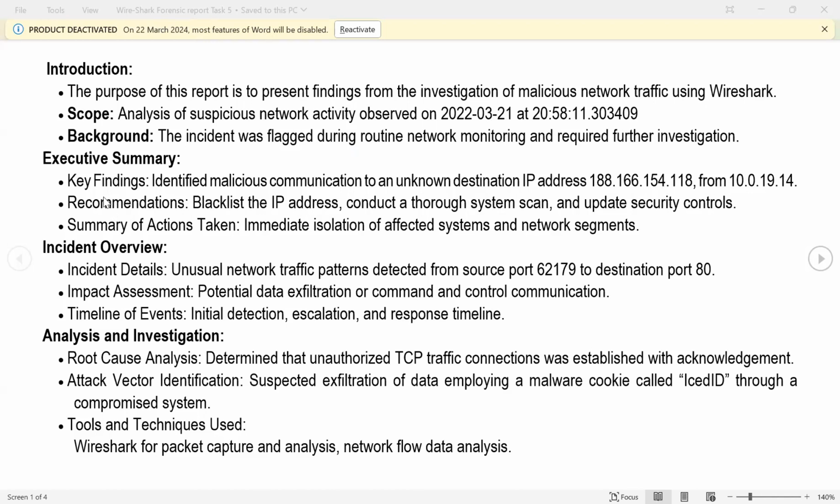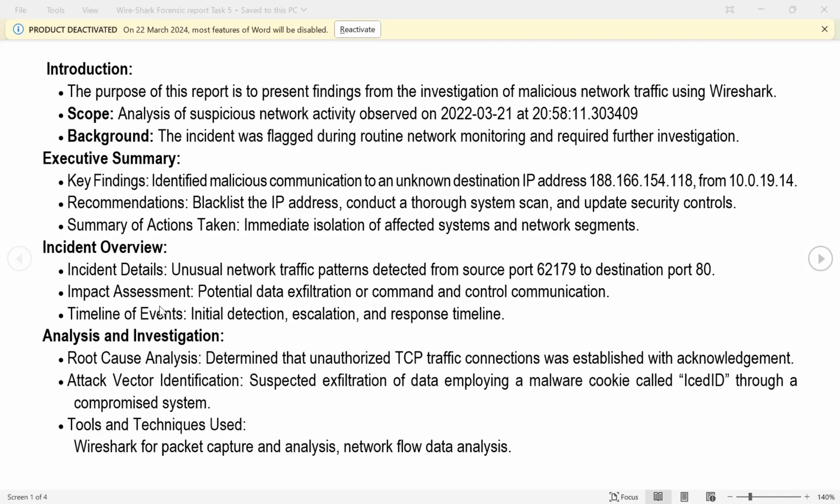Then he mentioned the recommendations: blacklist the IP address, conduct a thorough system scan, and update security controls. Then the summary of actions: immediate isolation of affected systems and network segments. So he put all these three things in the executive summary. Please take note of that because we might have questions around what he has in his content here.